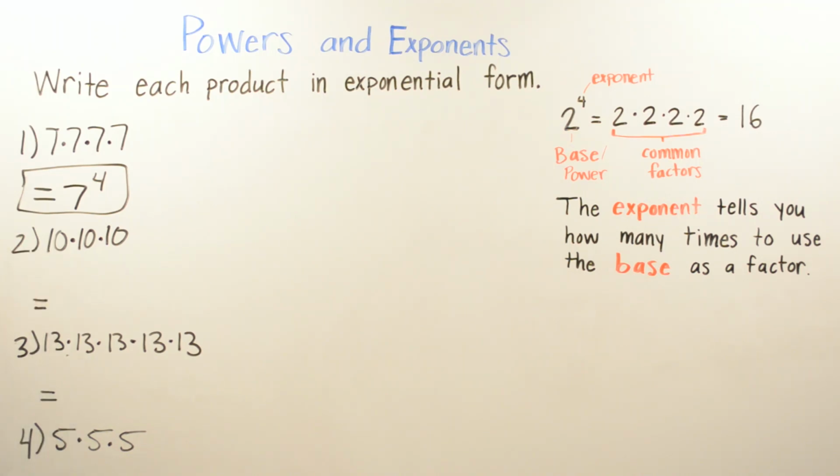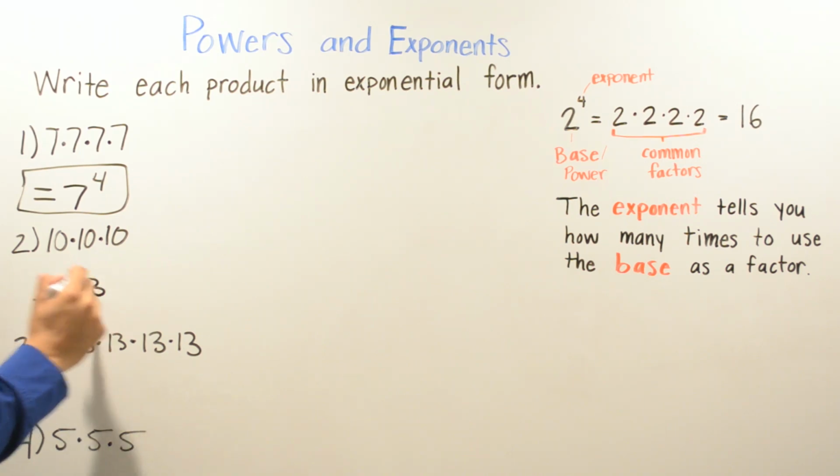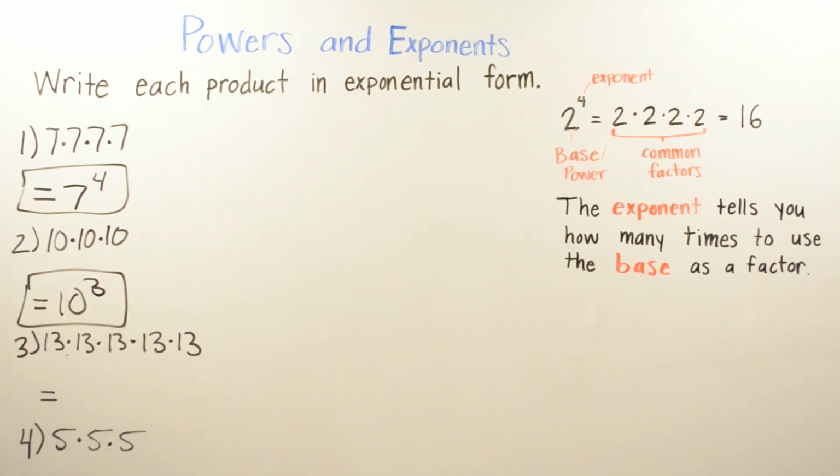So here we have 10, and that's going to be our base. And for our exponent, it's going to be 1, 2, 3. So it's 10 to the 3rd power. On this one, 13 is going to be our base. And we count how many 13s there are. 1, 2, 3, 4, 5.